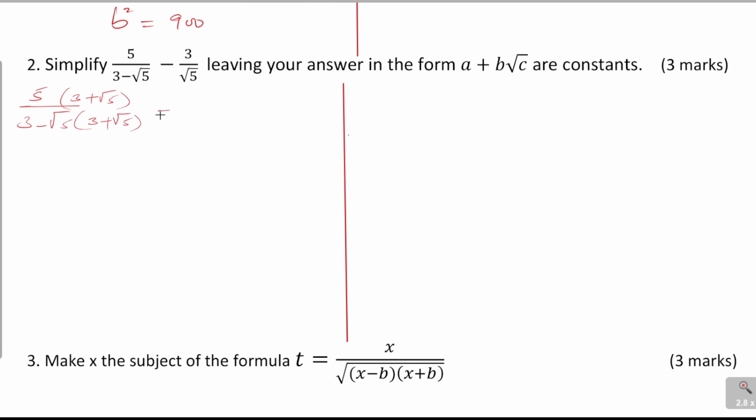So let's go to the numerator. 5 multiplied by 3, that is 15, plus 5 multiplied by root 5, that is 5 root 5.